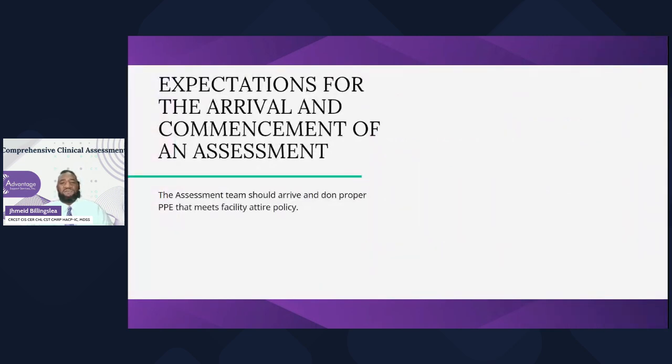So, expectations for arrival and commencement of the assessment. The assessment team should arrive and don proper PPE. One of my pet peeves is that we should not wear bunny suits during surveys. The references are on this document, but bunny suits are not environmentally friendly. They're expensive if you're in charge of buying them.